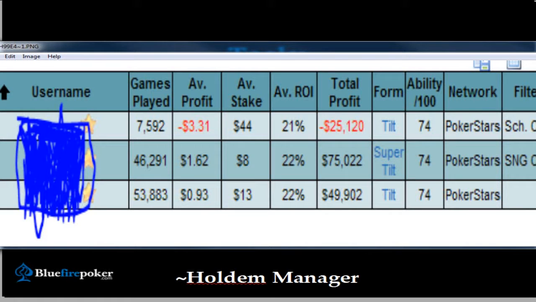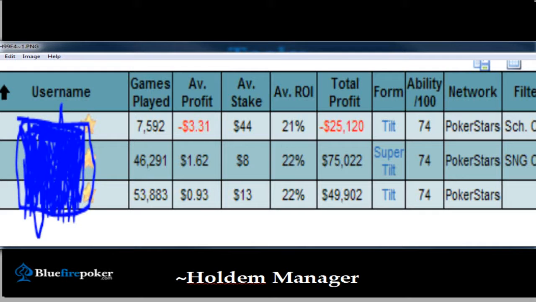So if I'm playing a Seed and Go with this person, I will assume that he knows a lot about shoving ranges. He knows a lot about ICM, so if we don't find a table, I assume that his calling and shoving ranges are going to be very close to optimal. And I'm also going to assume what his opening ranges are when he raises from early position at the beginning of a Seed and Go.